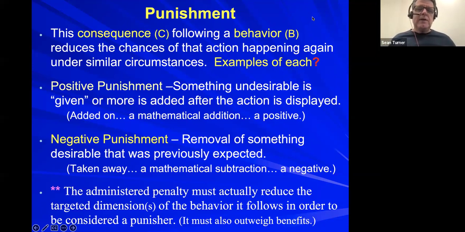Just want you to dwell on that for a second. When we say positive, we're not representing Norman Vincent Peale and positive good feelings or whatever else. It's positive. We're adding something to the equation. Negative, like in mathematical terms, means you're taking something away. So positive punishment means something undesirable is given or added after an action is displayed.